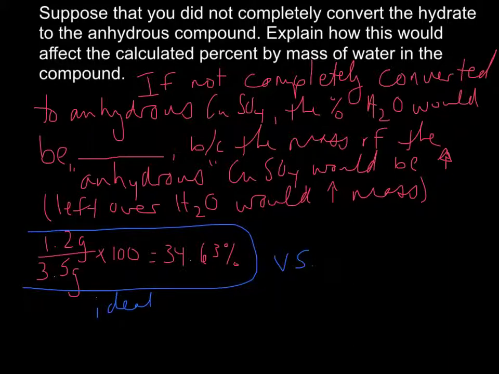When you do that math and you have a greater amount of CuSO4, the amount of water you get is going to be less. So let's say we get 0.8 grams.